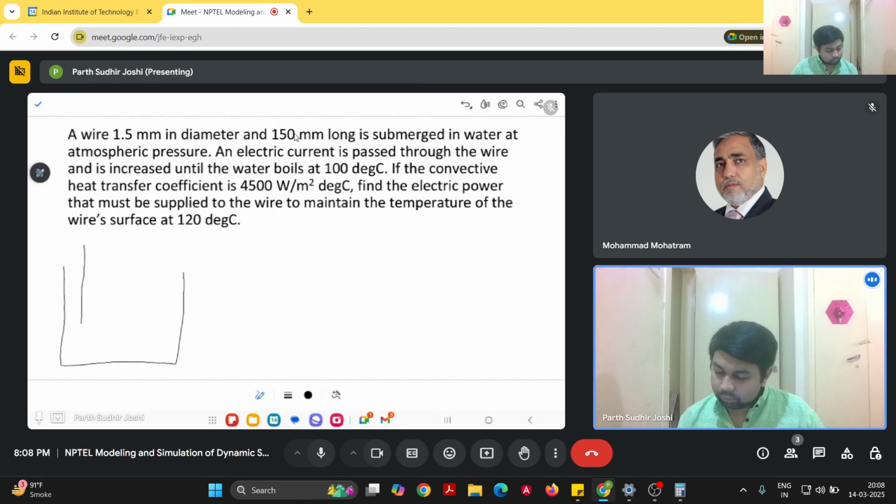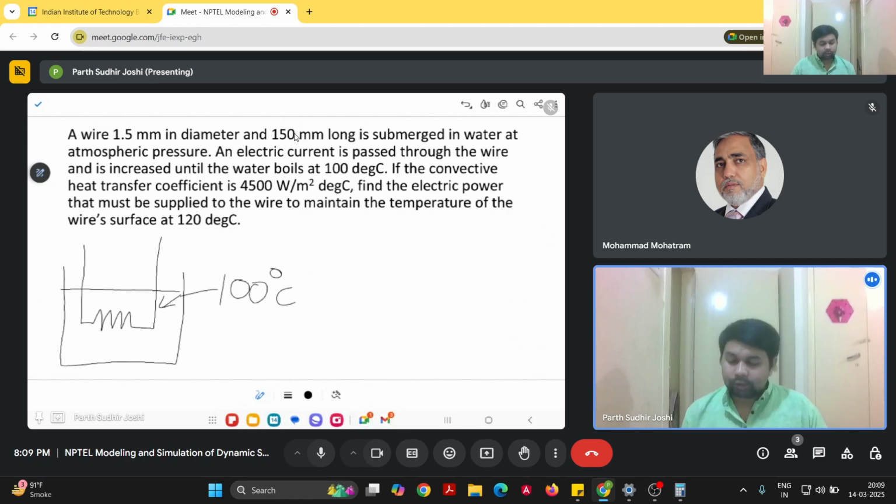So the water will be boiling at 100 degrees Celsius, and the heat transfer is through convection, and the heat transfer coefficient is also given.